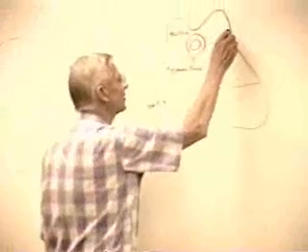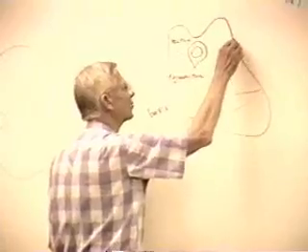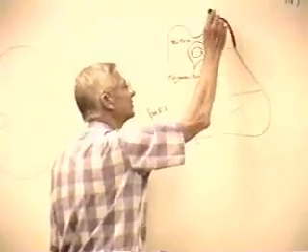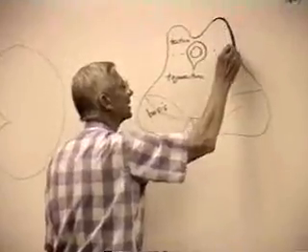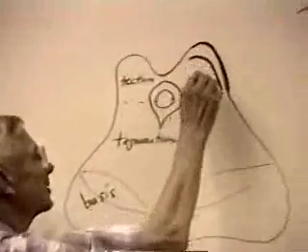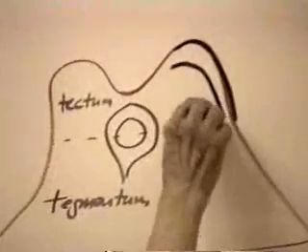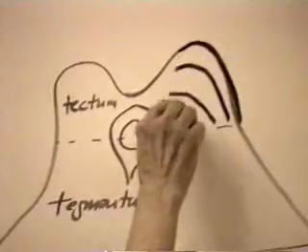And so we have a layer of white matter on the outside, a second layer of white matter, a third layer of white matter, and a 4th layer of white matter.